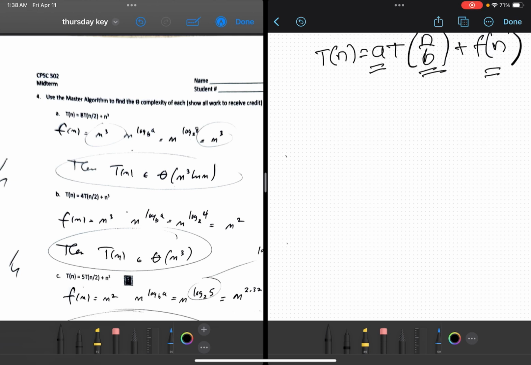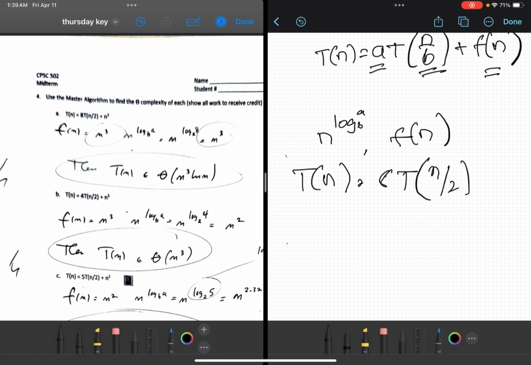One rule of thumb is that we need to compare n power log a base b with f of n. So let's look at the first problem. T of n is equal to 8 T of n by 2 plus n cube. Here a is equal to 8, b is equal to 2, and f of n is equal to n cube.